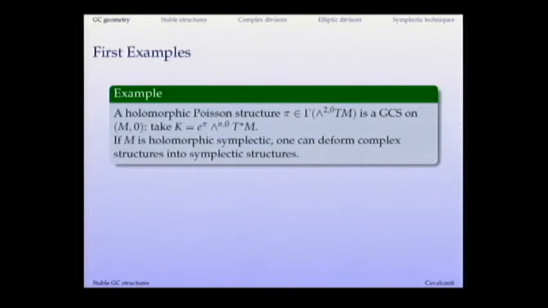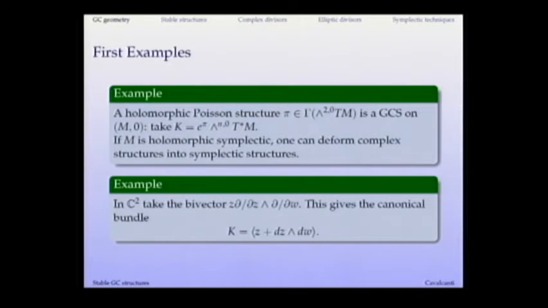You can look at something slightly different. It still fits in the setup, but it's not as nicely behaved as the holomorphic symplectic. But it's still a holomorphic Poisson structure. So pick a holomorphic Poisson bivector, namely this one here. On C2, every bivector is automatically Poisson. Once it's holomorphic, and it's holomorphic because you just have this holomorphic function as the coefficient, you can just perform this contraction.